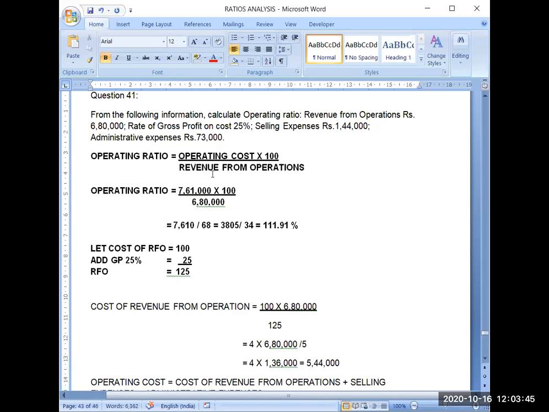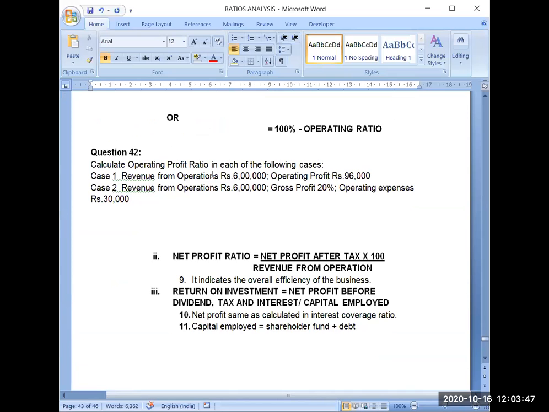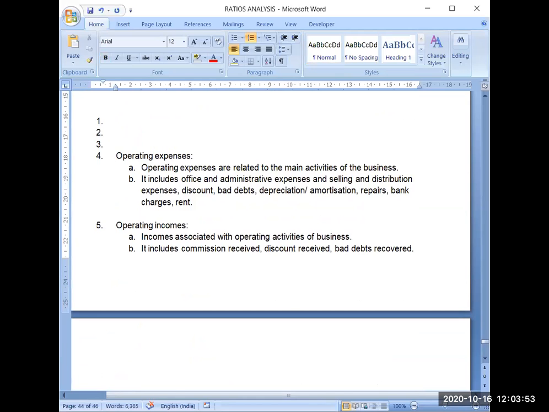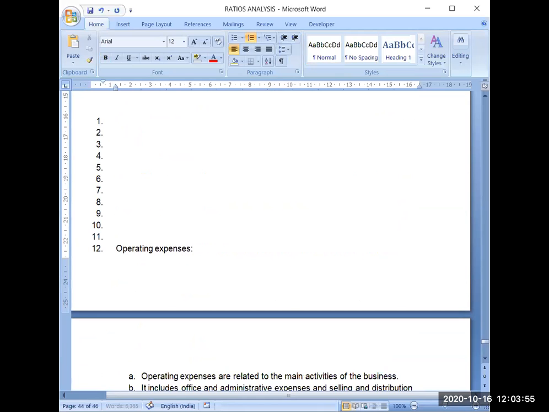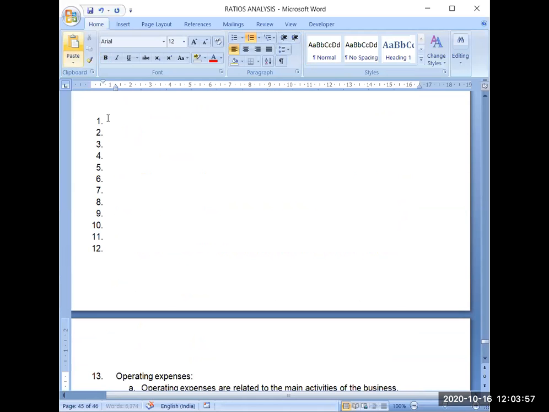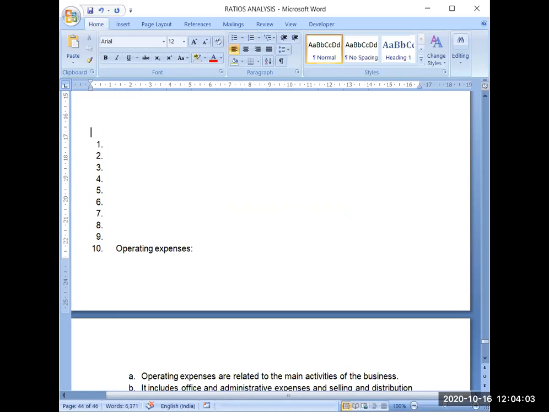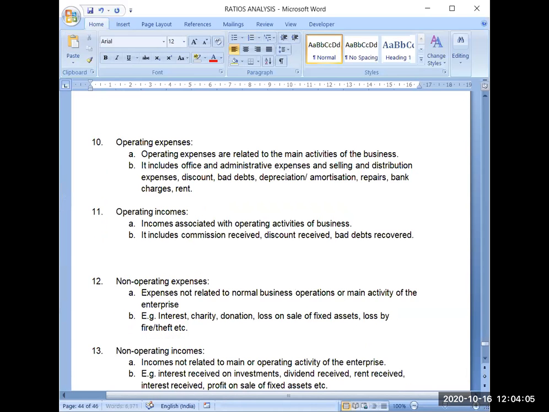Again, I will show you this screen because you may need these notes. Operating expenses and operating income, all this. You just see this screen.